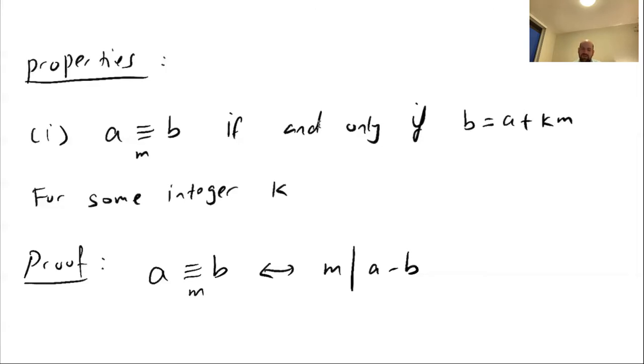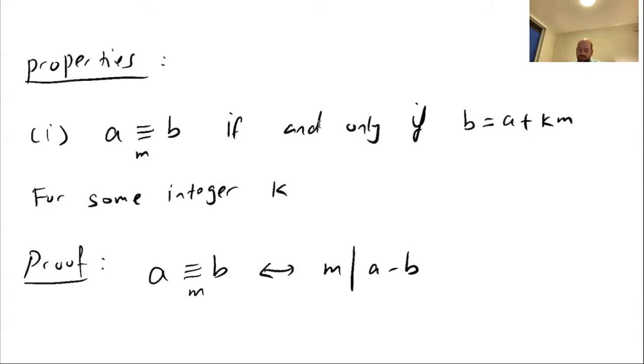Well, it doesn't matter. I can say A is B plus Km or B is A plus Km. If I want to get B equals A plus Km, I can just take Km to the other side. So this is same as saying that B equals A minus Km, which is what I need, right?